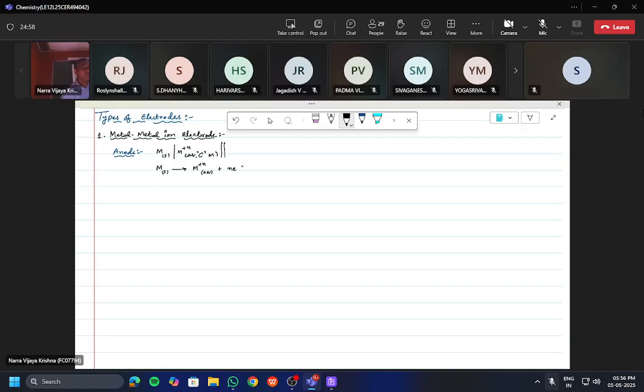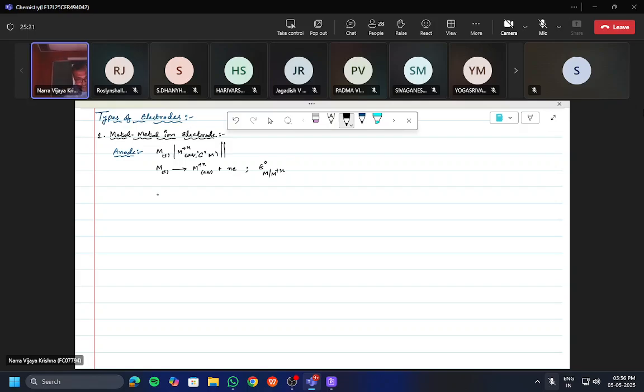Correct? For this I will write E naught of the cell as E naught of M to M plus n. That is the reduction potential value. It may be anything, some value is there, but it is the representation of it.